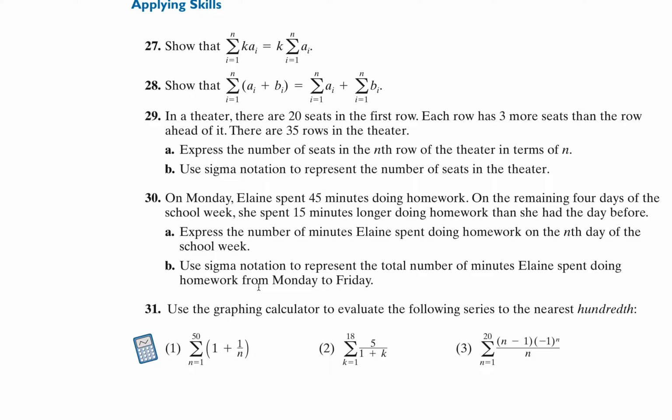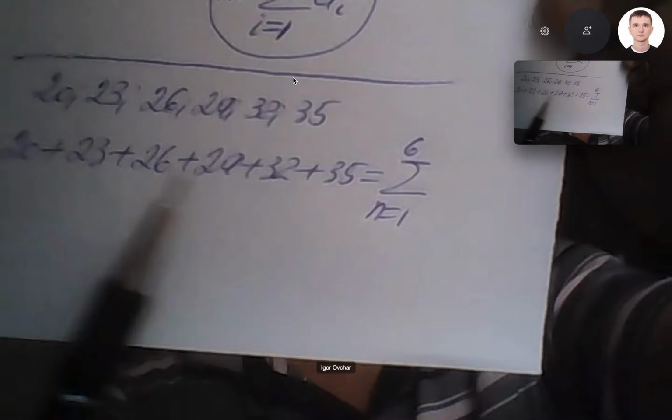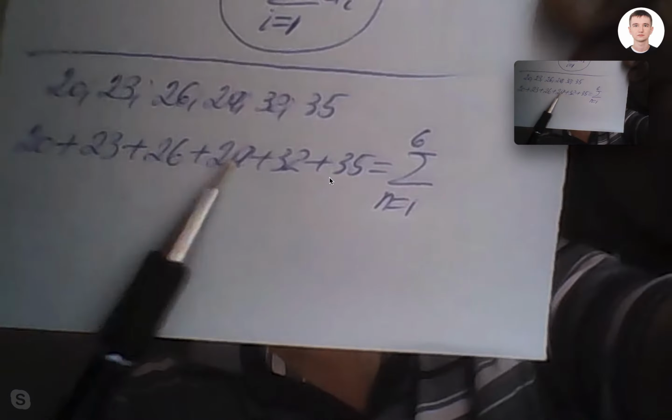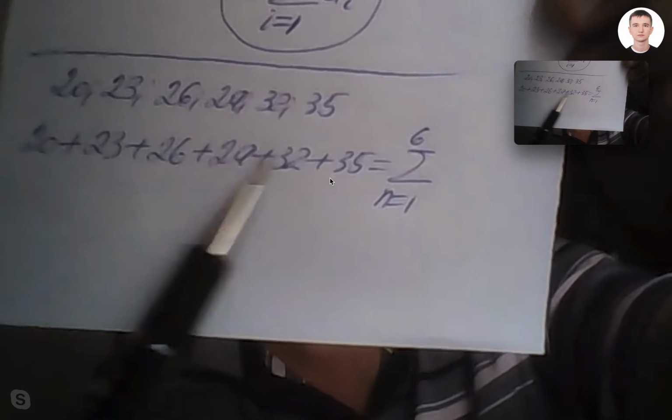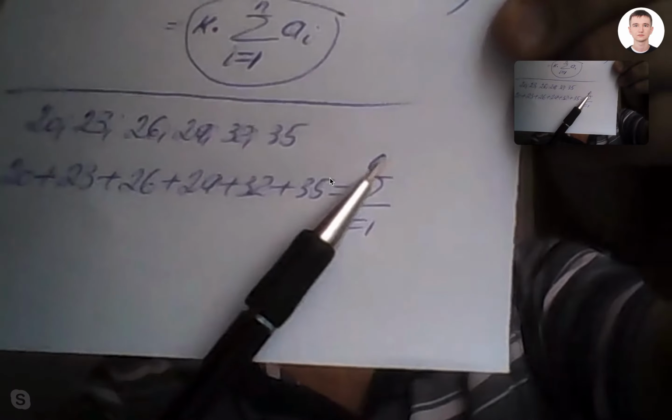How many rows do we have? How many numbers do we have? Six. So n runs from 1 to 6, because we've got 6 terms: 1, 2, 3, 4, 5, 6. And that's why n starts from 1 and terminates at 6.